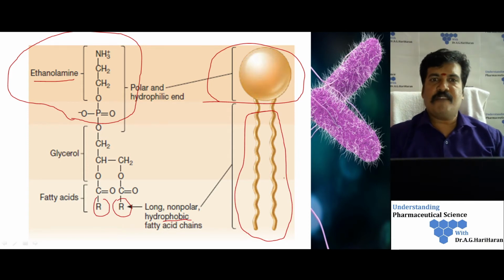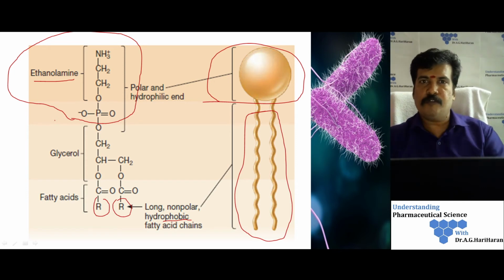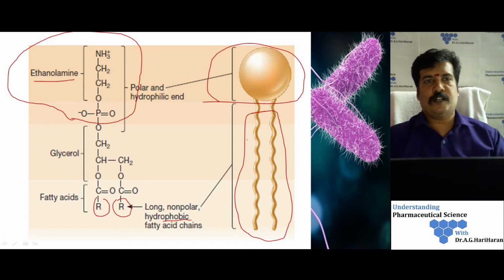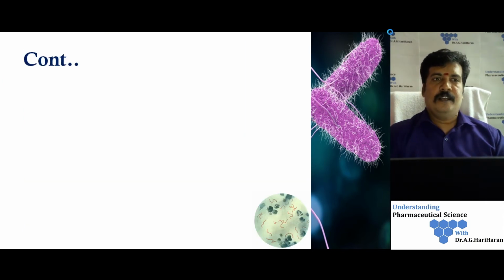So it is an amphipathic molecule carrying a hydrophilic head, which is made up of ethanolamine, choline or phosphatidyl inositol. Majorly ethanolamine will be present in bacteria. This is connected through a glycerol molecule to two fatty acid side chains which are hydrophobic in nature, as you can see from this picture.